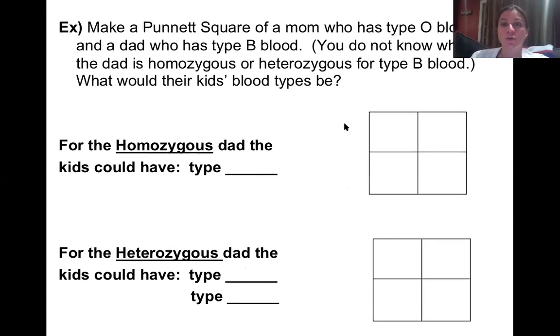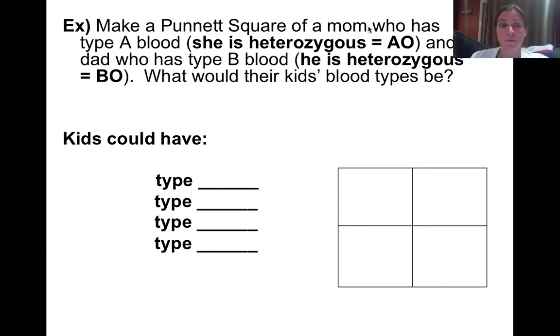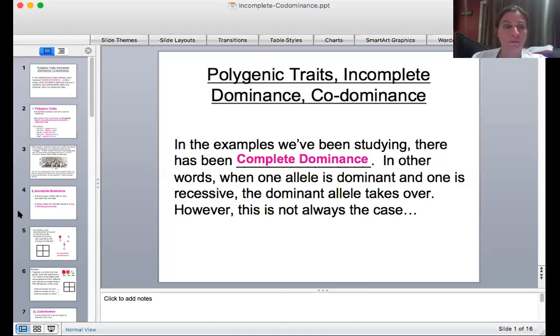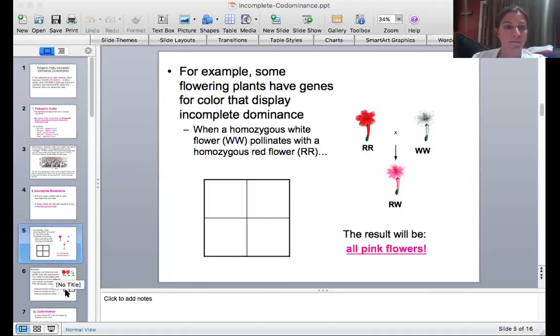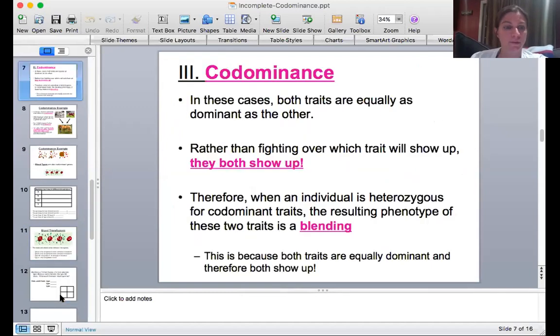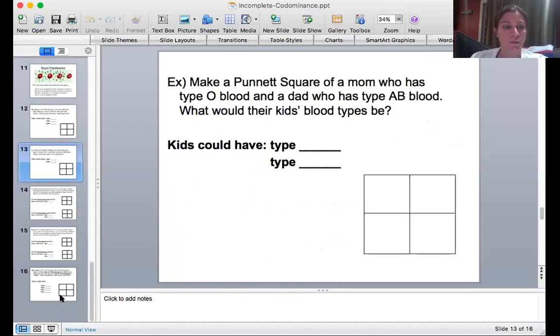So now we're going to do the same thing with type B blood, and you can probably predict it will be this. Oh, excuse me. Oh, sorry, guys. Let me just go back. Just give me a second.